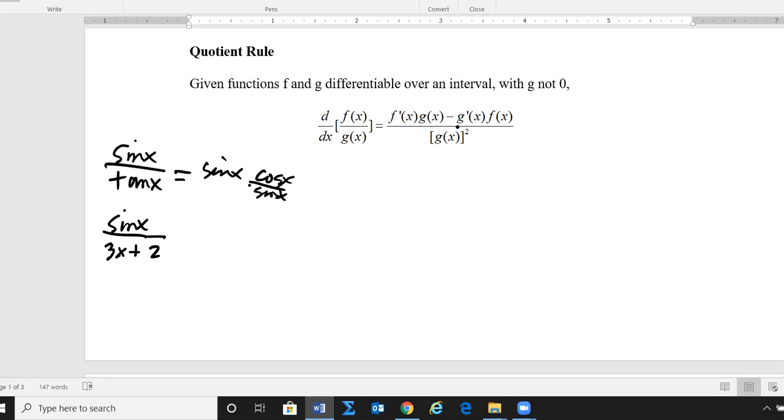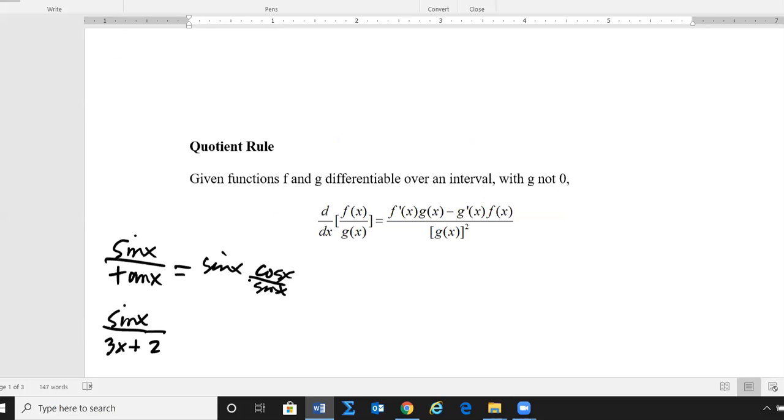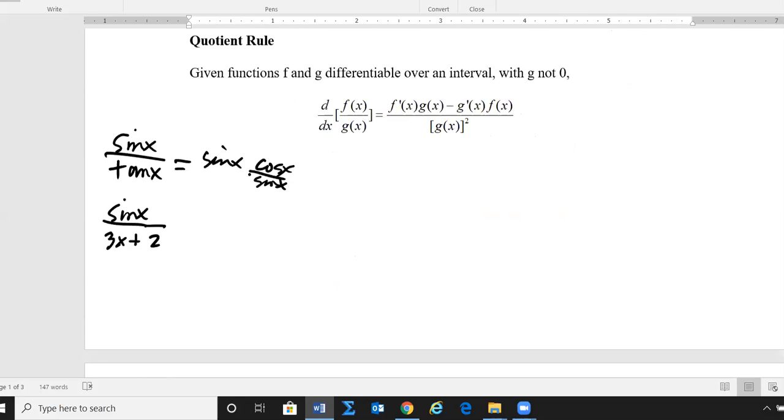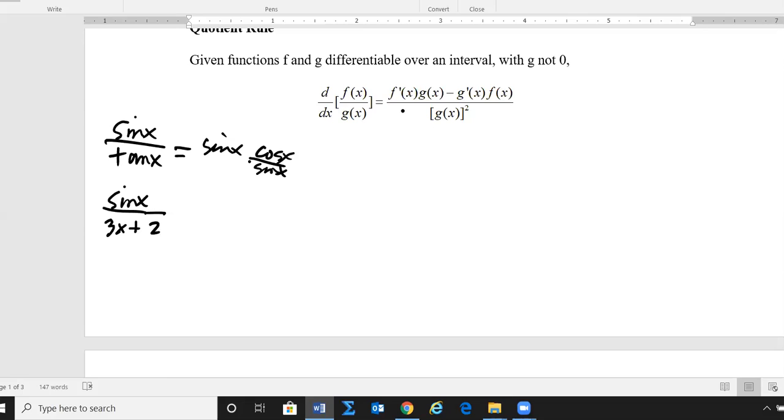Okay, so this is our rule. Now, I tell students to remember this, to say this to yourselves. Anytime you write it down, read it to yourself.